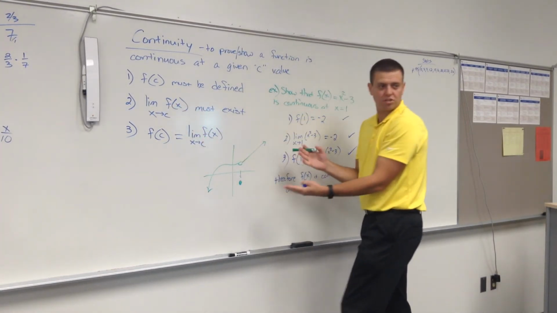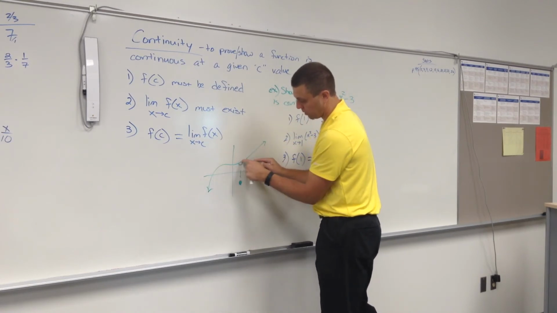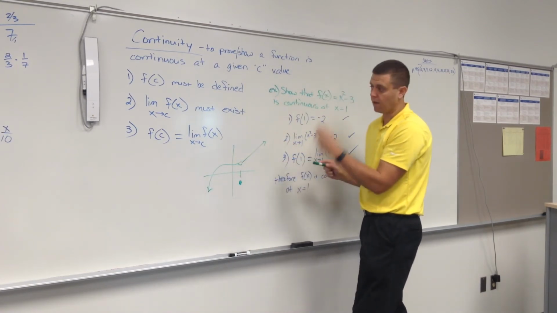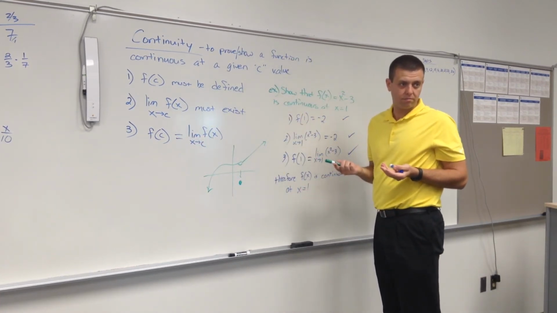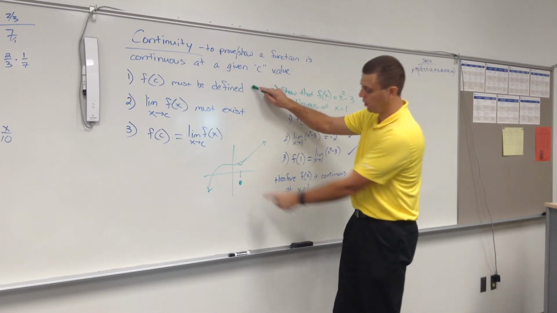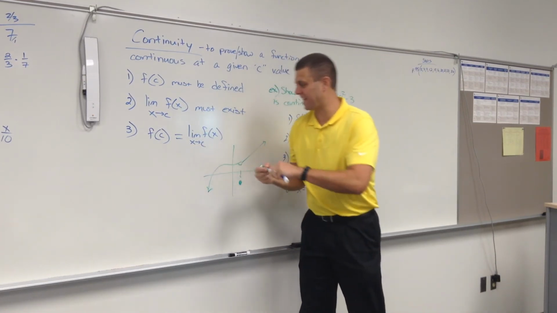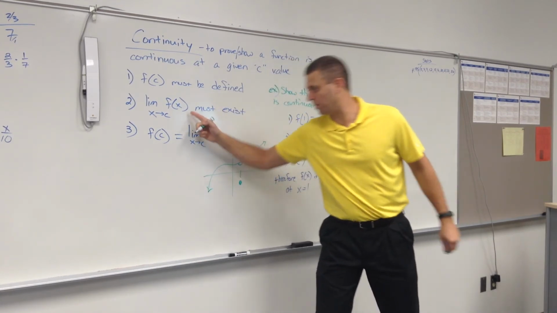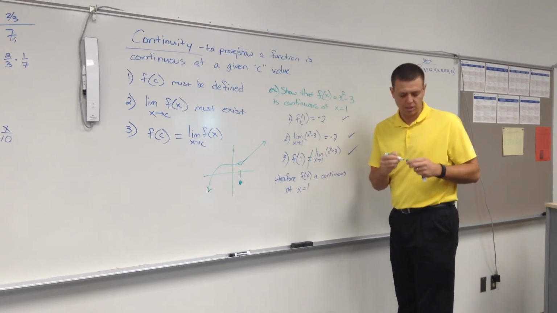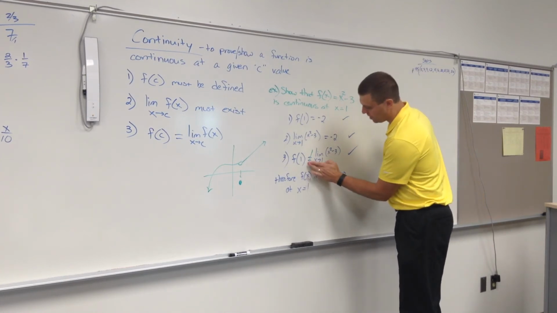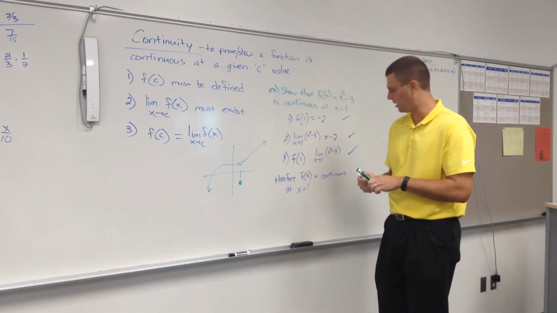Does the limit of this function exist as we approach c? Yep, it would be whatever this value is here. But step 3 would not work because why? Yeah, we got different numbers. For number 1, we got a negative value here. For number 2, we got a positive value here. They did not match. So in my proof I would draw that, saying they don't equal each other, and therefore the function is not continuous at c.